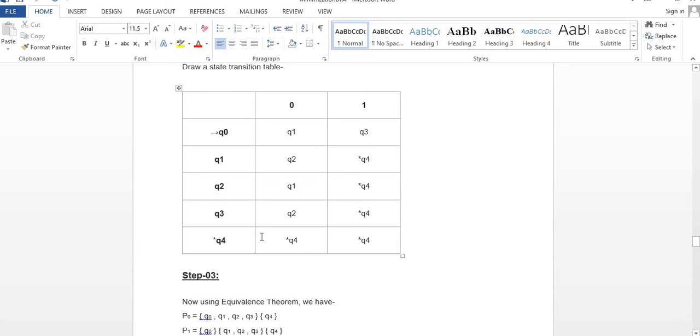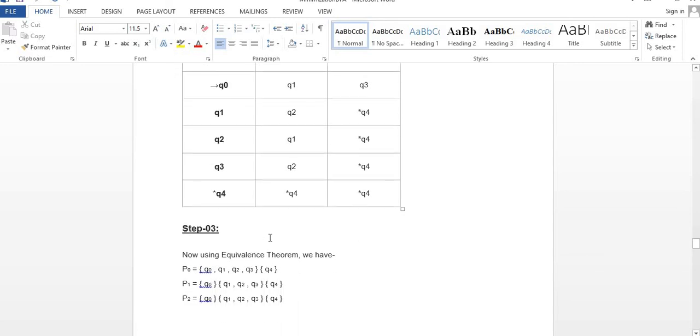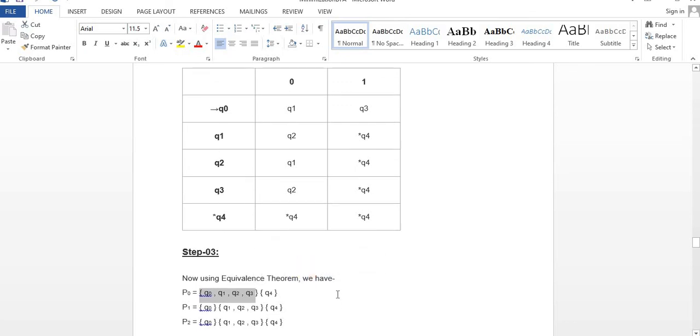In the next step, first partition into final state and non-final states. The final state is Q4 and the non-final states are Q0, Q1, Q2, Q3, which is indicated by P0.